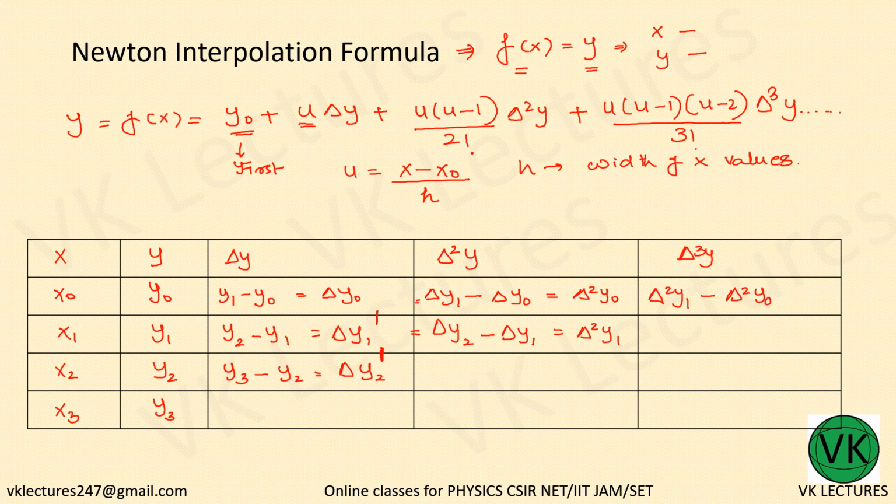So now we got the values of delta y, delta square y, and delta cube of y, and you also have the value of u. Substituting all these values, you are going to arrive at y equal to f of x.